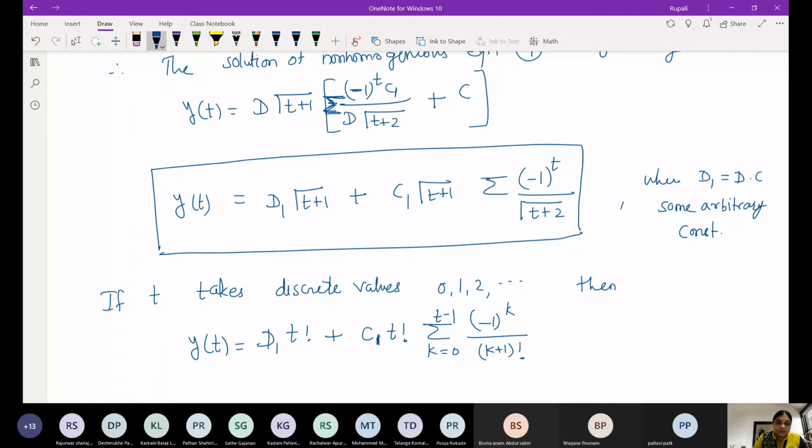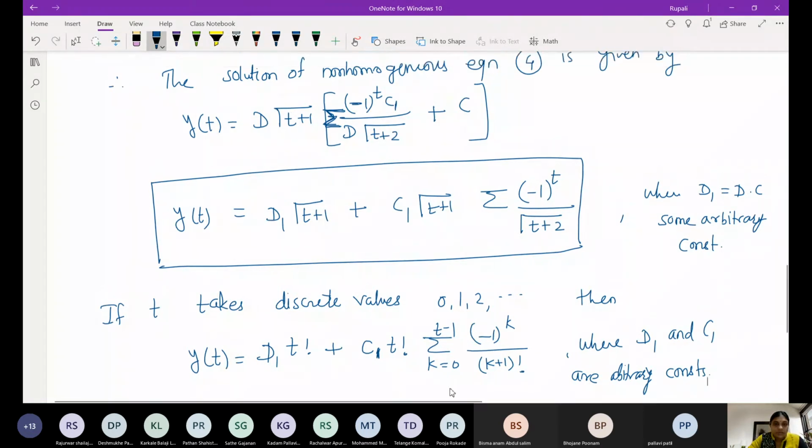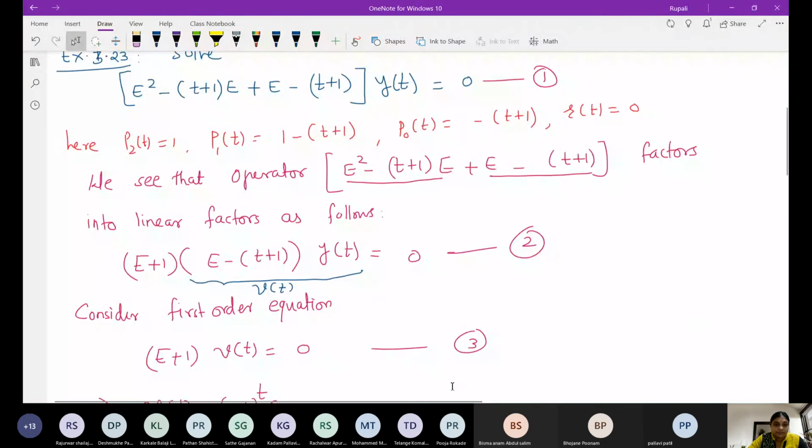Where D1 and C1 are arbitrary constants. Which is my final solution.